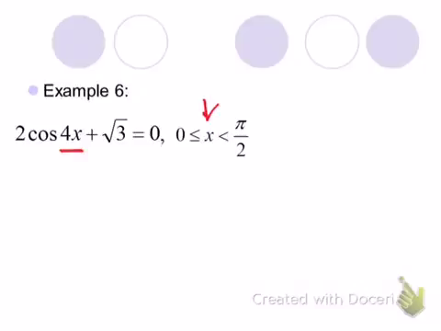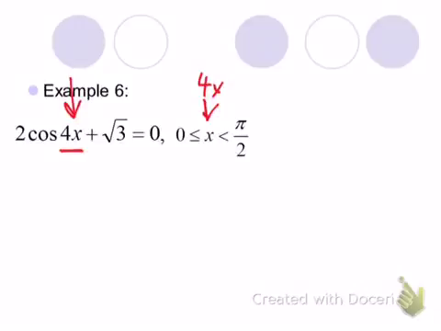Now, it would take a whole lot of work to turn 4x into x on this side. You could use some trig identities and play around with it and make that x, but you'd end up with a mess as your equation. So we want to keep the simple equation, and we want to adjust the domain of the function to match the angle that's in the problem. So I need this to be 4x.